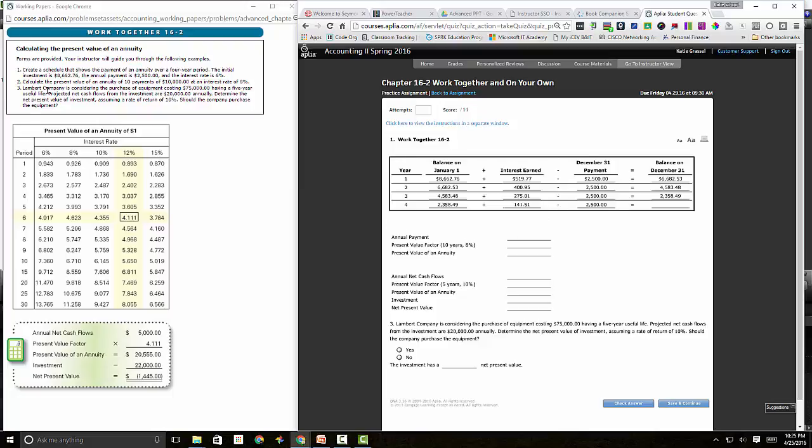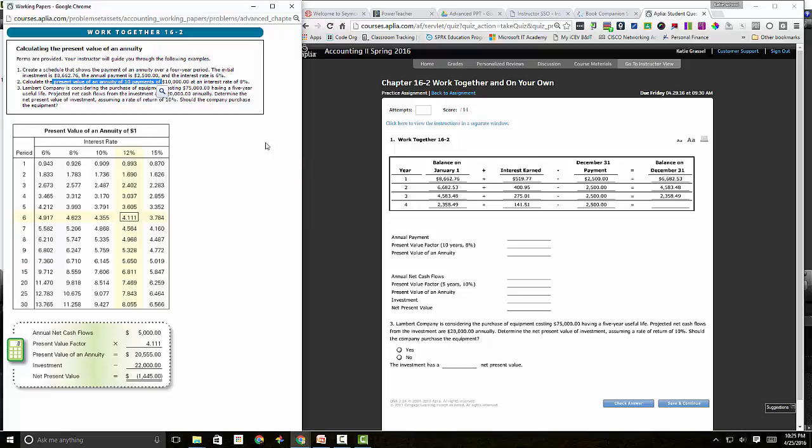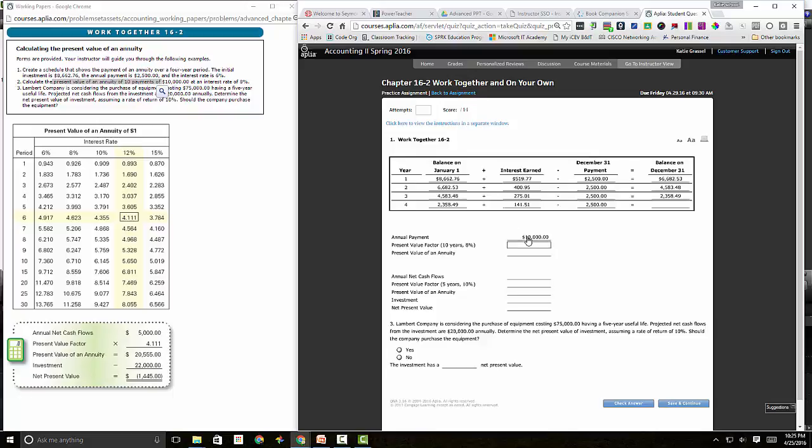So now let's go through and do number 2. Calculate the present value of an annuity of 10 payments of $10,000. Okay, so 10 payments at an interest rate of 8%. So I'm going to go ahead and put in here $10,000. Present value of 10 years at 8% is going to be 6.710.